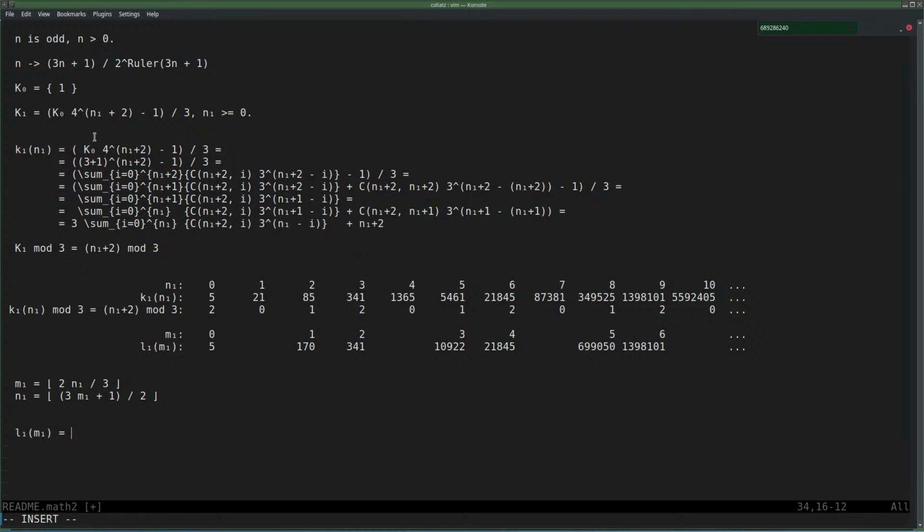But let's begin with this one, where I just leave out K0 because it's only one anyway. So I'm having this formula for K1 as a function of N1. But we are actually a function of M1 here. So I must replace N1 with this.